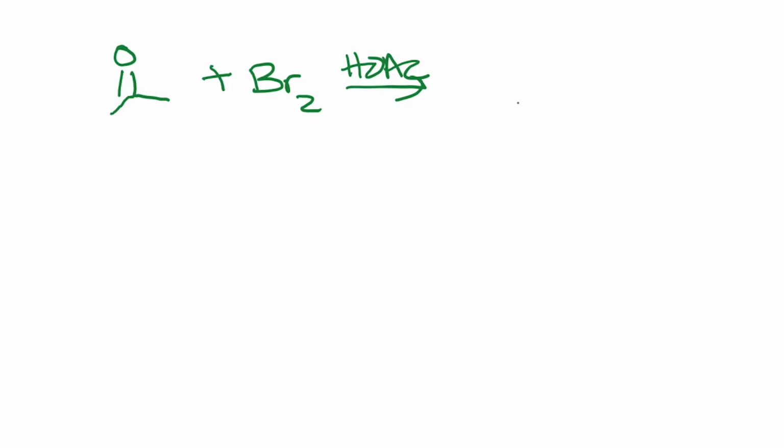This is a reaction that you are probably already familiar with, but let me just recap this. The product of bromination in the presence of acetic acid is this alpha bromo ketone, and the way we would propose a mechanism is through the formation of an enol.